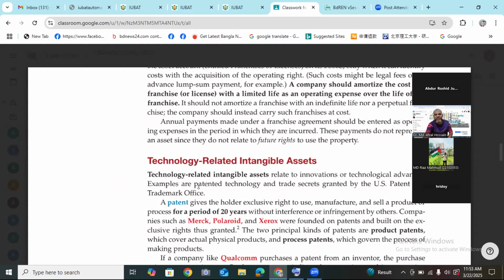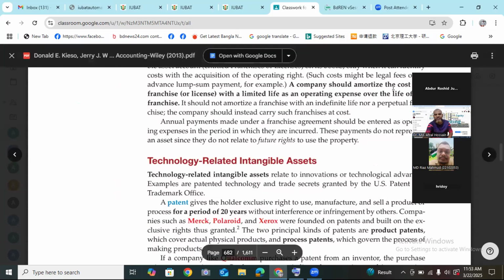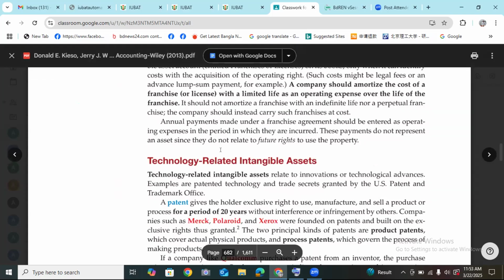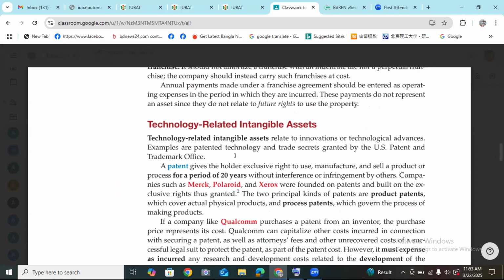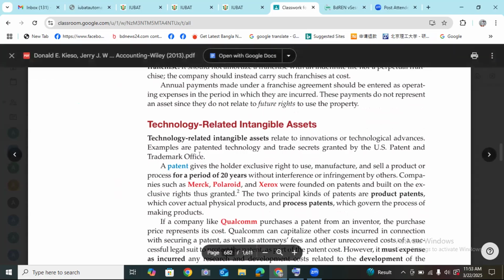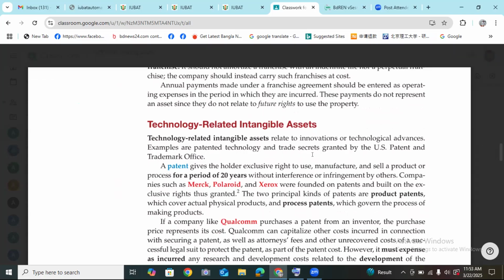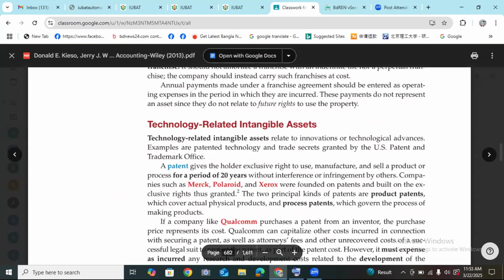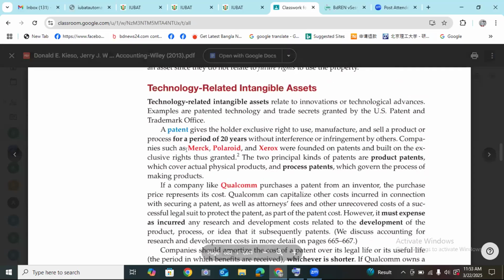Now technology related intangible asset. What is this? Patent. It relates to innovation and technological advances. Examples are patented technology and trade secrets granted by the US Patent and Trademark Office. So what is a patent? A patent gives the holder the exclusive right to use, manufacture and sell a product or a process.